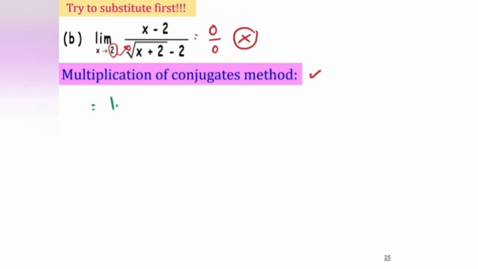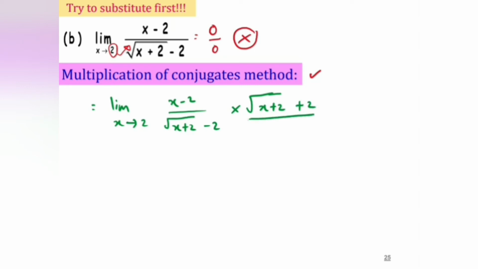So for this question, as x approaches 2, the conjugate is square root of x plus 2 plus 2. We have to multiply both numerator and denominator.